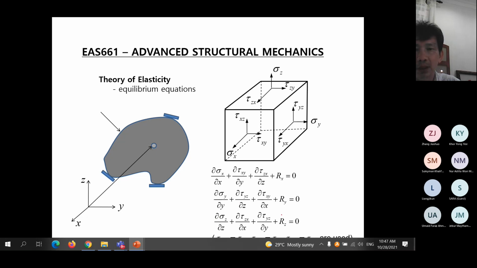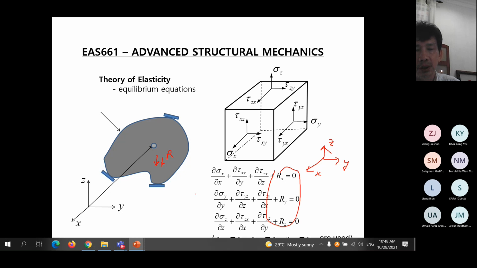Here Rx, Ry, Rz are the components of the body force in X, Y, and Z directions. So if we have a body force R, expressed in components, these are Rx, Ry, and Rz.